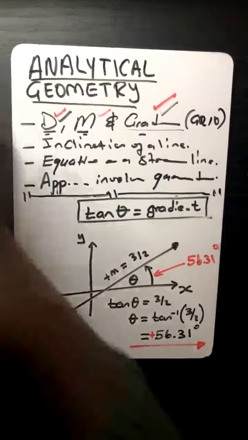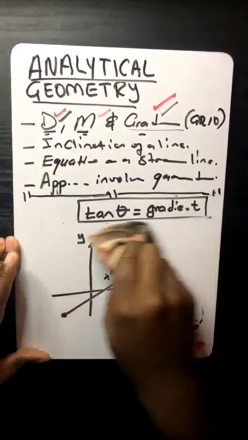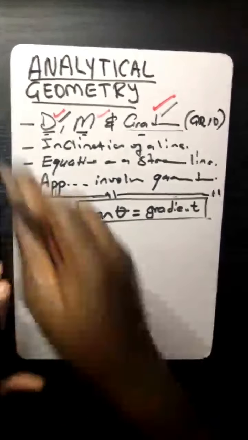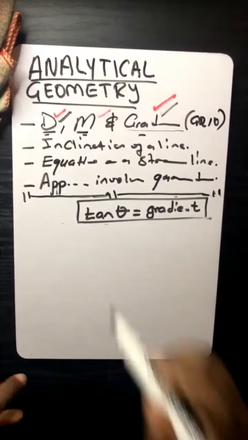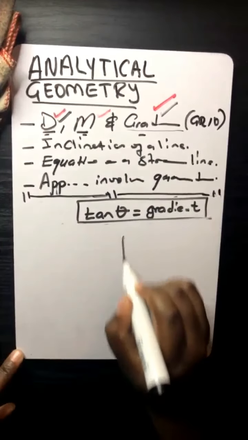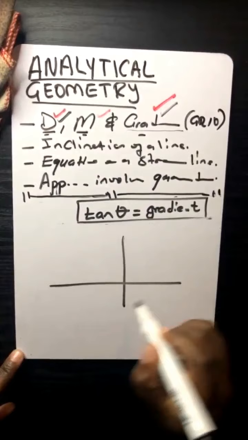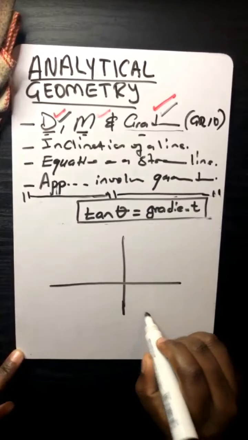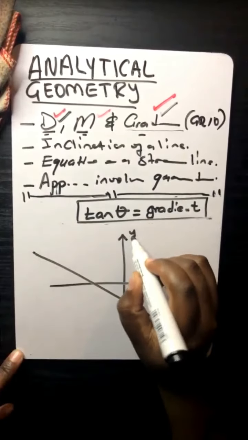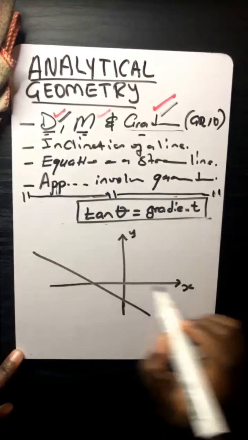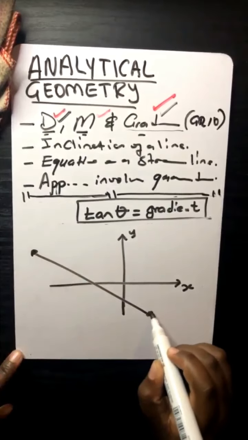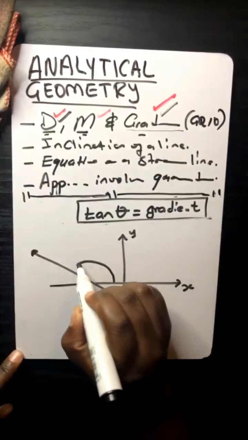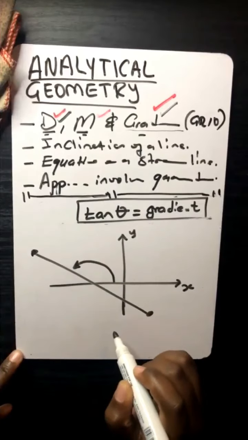Now let's check how we perform calculations for one which is negative. Say maybe we have a Cartesian plane there and we have that line. The moment you say this is y, this is x, we know it's a Cartesian plane. So this is the angle there.